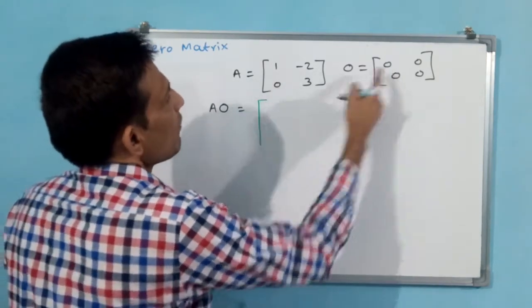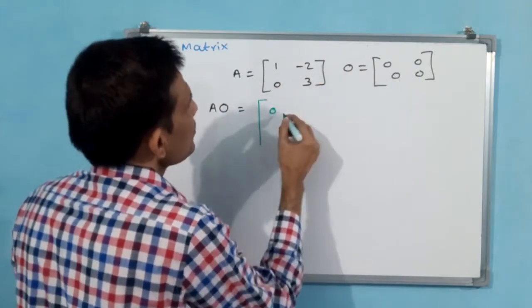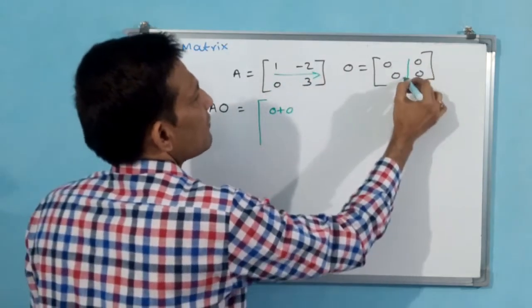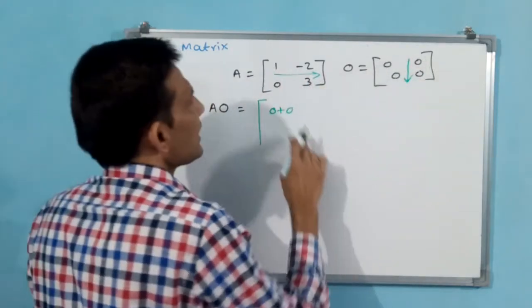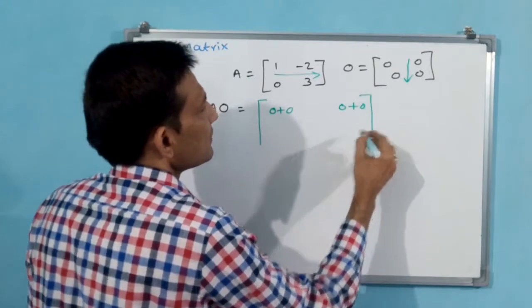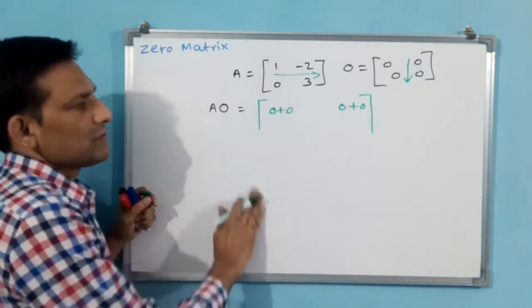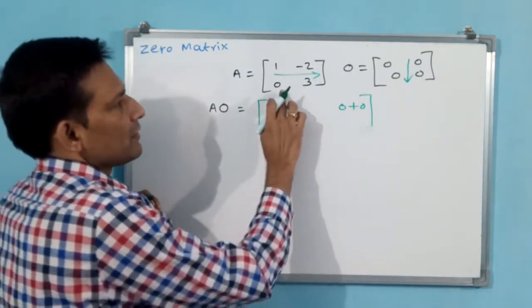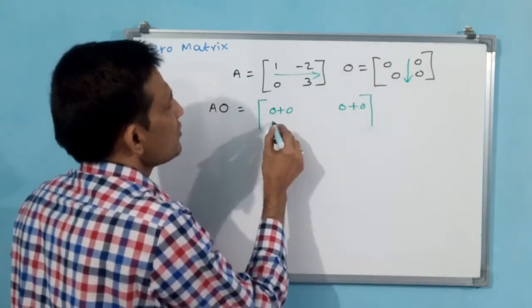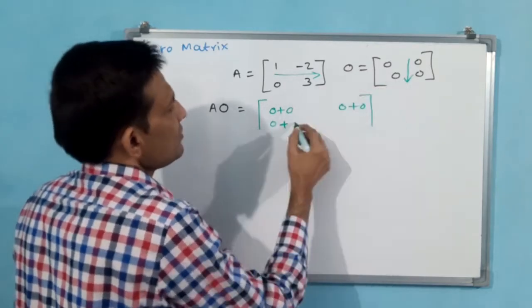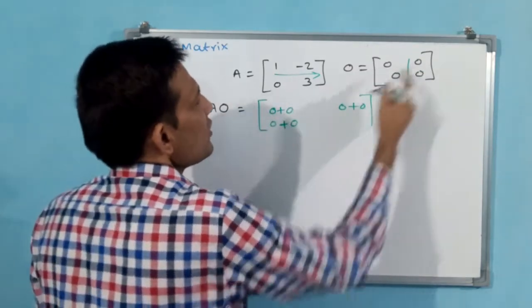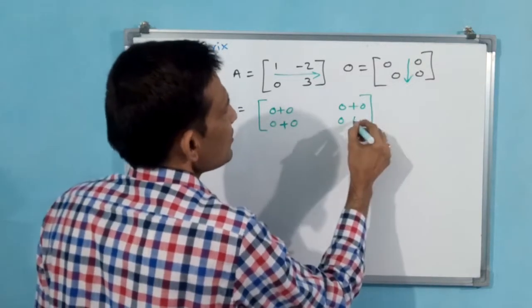Now you see 1 into 0, 0, -2 into 0, 0. First row, first column over. Now first row, second column: 1 into 0, 0, -2 into 0, 0. Okay, first row, second column also over. Now you see second row, first column: 0 into 0, 0 plus 3 into 0, 0. Okay. Now 0 into 0, 0 plus 3 into 0, 0.